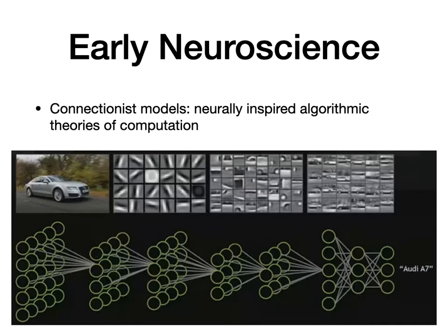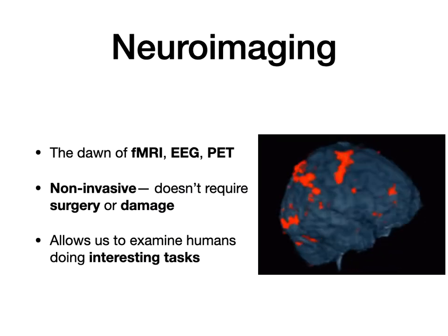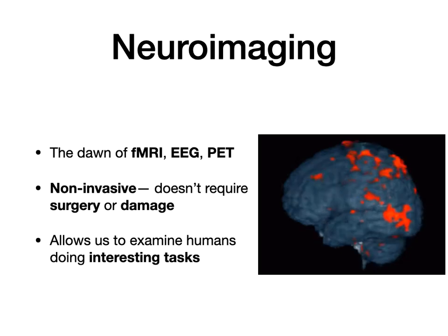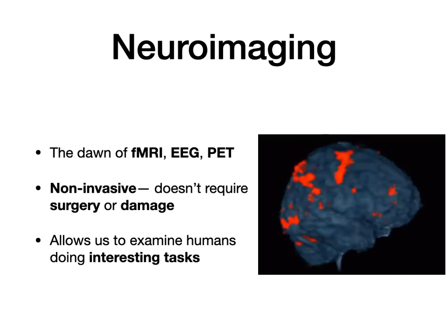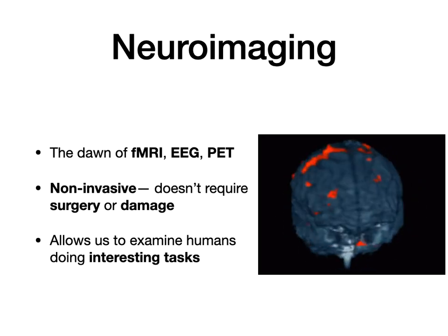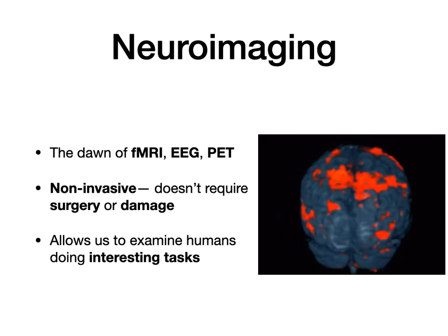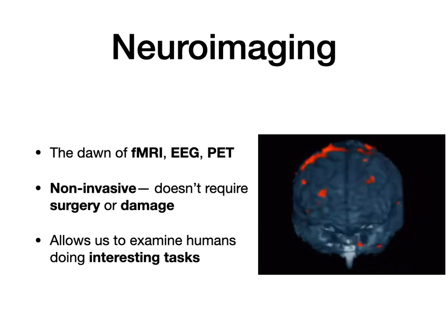So now we're going to turn back to something that we discussed a couple lectures ago, and talk more about neuroimaging techniques. So the dawn of these more and more powerful neuroimaging techniques has allowed for this non-invasive, non-surgical, non-damaging look at the function of the brain, again, without having to disrupt the organism, the animal, the human, but just stick them in a tube for a while, right?